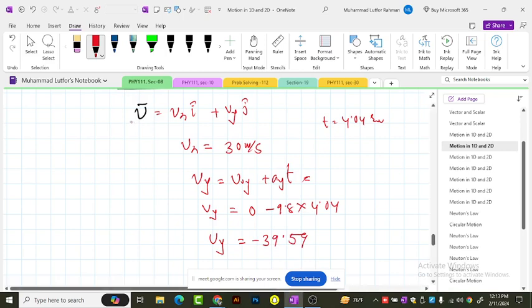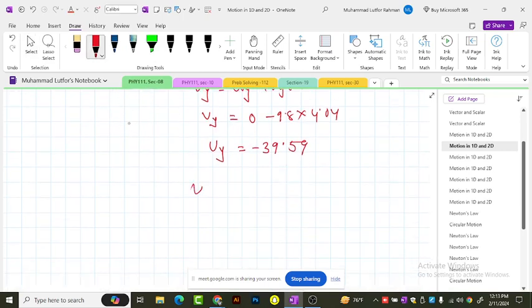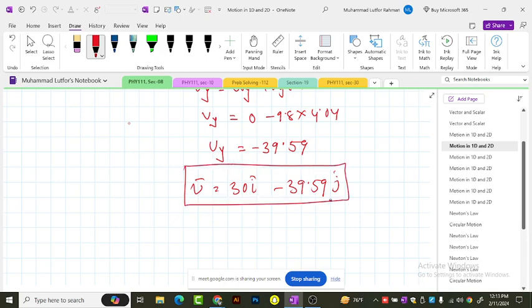Then I can say that my resultant velocity V should be 30 i hat minus 39.59 j hat. That's the velocity at which it is going to strike the ground. Now if they ask you to find the magnitude and the direction, I hope you can find it by yourself. That stuff we already learned in our previous chapter, right? This is the process by which we can solve projectile motion in 2D.